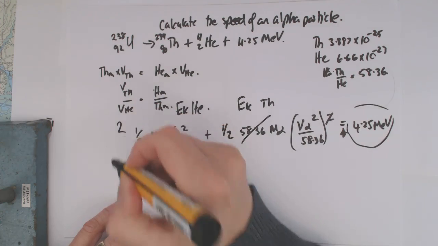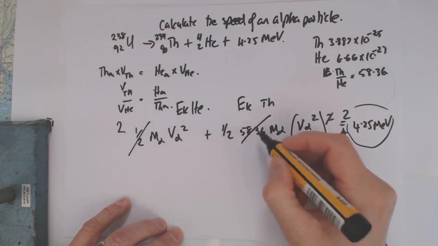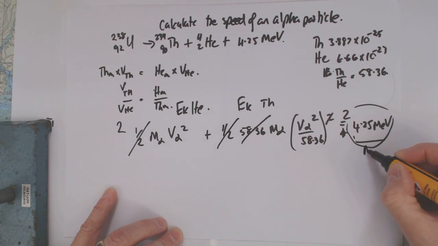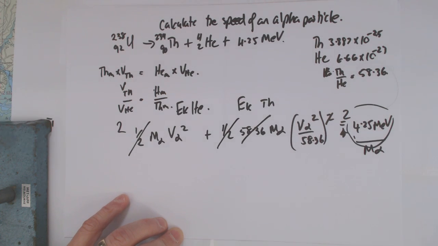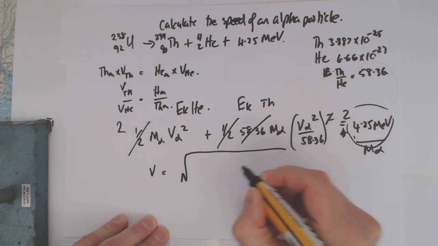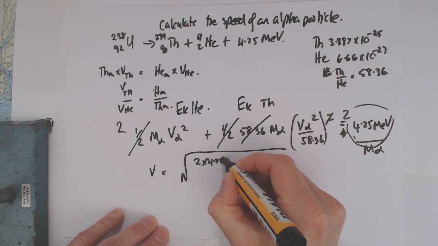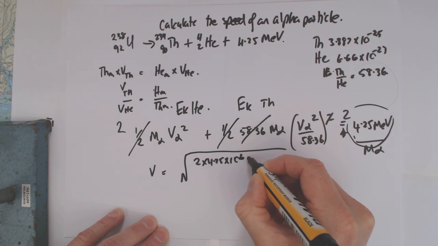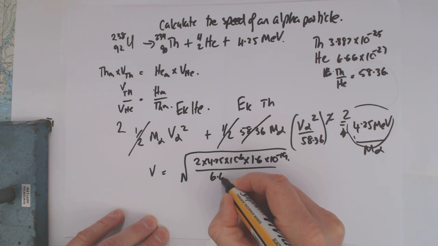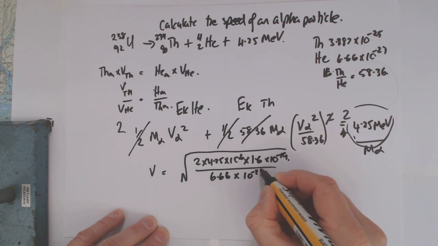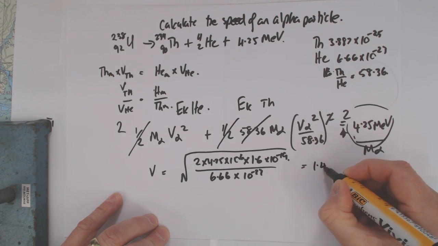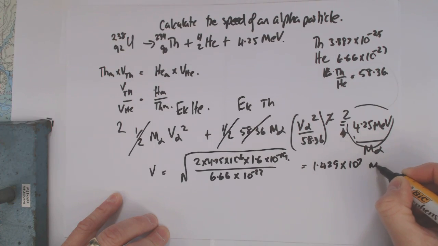We can multiply that side by 2 and that side by 2, which gets rid of the half. We can then divide this side by the mass of an alpha particle, which we had up here, and put the whole thing in. We end up with 2 times 4.25 times 10 to the 6 times the charge on the electron, all divided by the mass of the alpha particle, which equals 1.429 times 10 to the 7 meters per second.